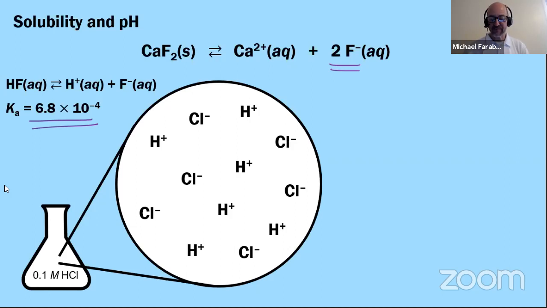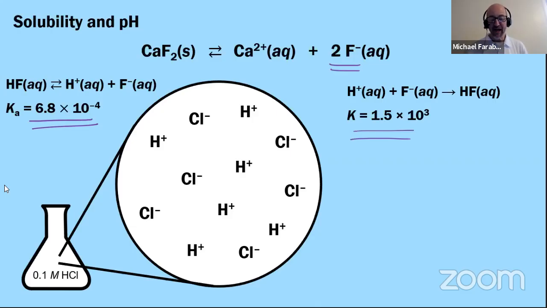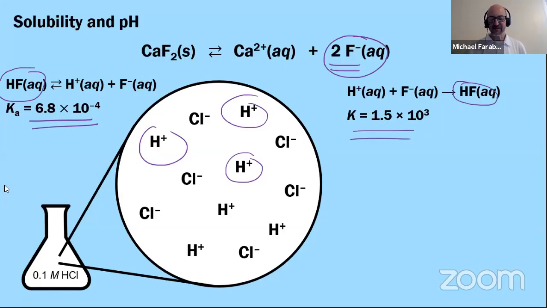1 over the Ka would be 1 divided by 6.8 times 10 to the negative 4, and look how large that K is. Remember how small Ks emphasize the formation of the reactants, whereas large Ks indicate the formation of the products. So any H plus ions that are present are going to react with F minus ions, essentially going to completion.